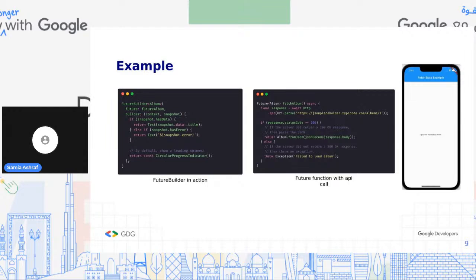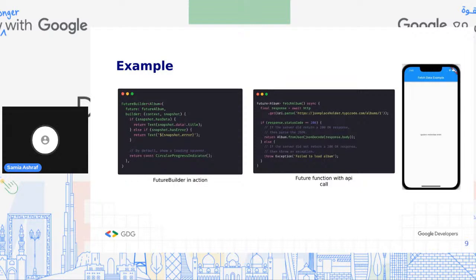So let us now look at an example. So here on the left side, we have a future builder in action. This future builder widget has a future parameter, which is a future album. Future album is actually a function that fetches data from the API.